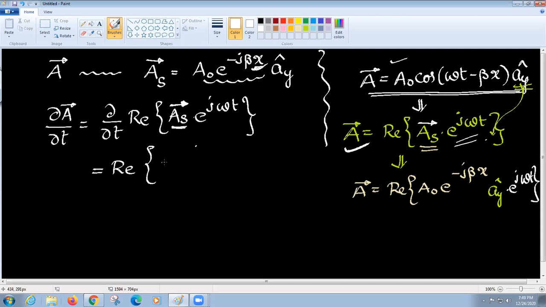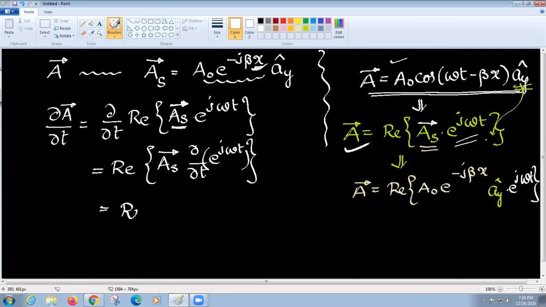So the real part of, now I take A_s out. This dou by dou t, I'll take it inside and differentiate this. There's nothing to do with A_s because there is no time dependent stuff in A_s. Therefore I took this dou by dou t all the way to this e power j omega t. So now what do you get?